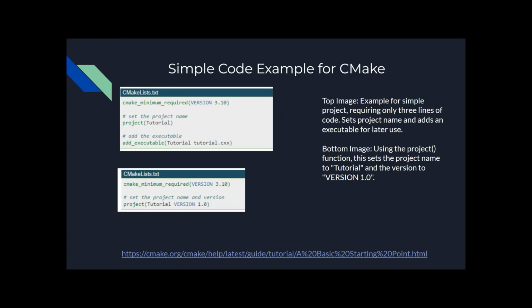And here we have project(Tutorial VERSION 1.0). So project, I'm not exactly sure, it has either 1 or 2 requirements that it needs to fill, and they used 2 examples, one with 1 and then another with 2. I also got all of this simple code for CMake from cmake.org, link below, and I will show you my sources under this as well. Next slide.